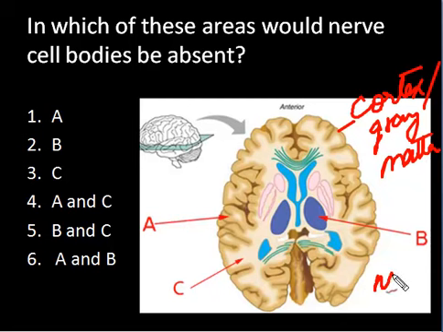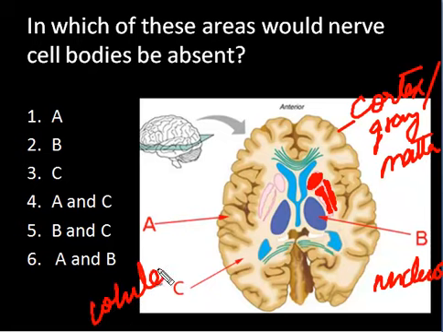And so it's a nucleus. You don't really need to know the names of these nuclei, but this is a nucleus, also called the thalamus. These are the other nuclei. This one here is another nucleus. I'm going to highlight it. That's called the caudate nucleus, and this here is called the lentiform. So these are all nuclei. So that's what B is. And C, which points to this area, this area is white matter.